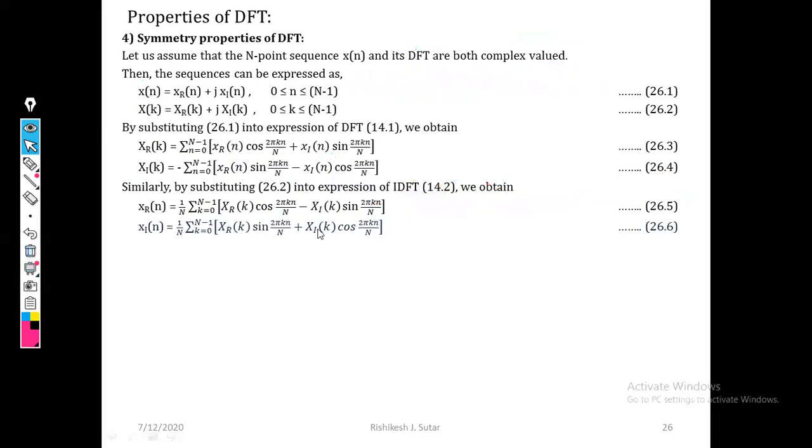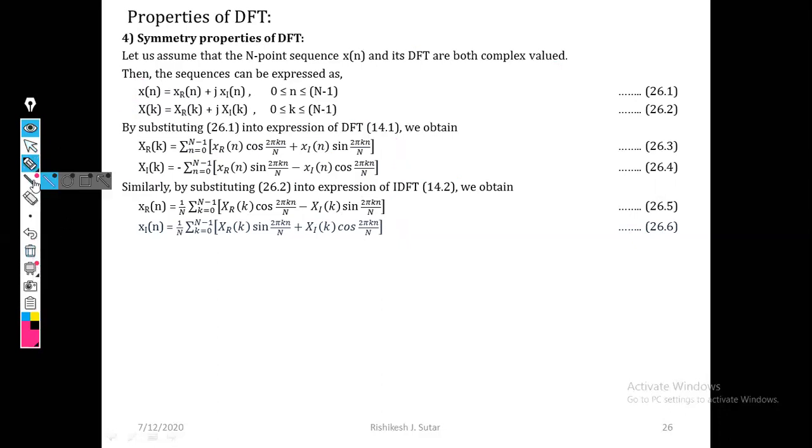So here, if I consider this expression, I'm getting the expressions for the DFT. If I go for this expression and carry out the same exercise, then I will get the IDFT expressions.